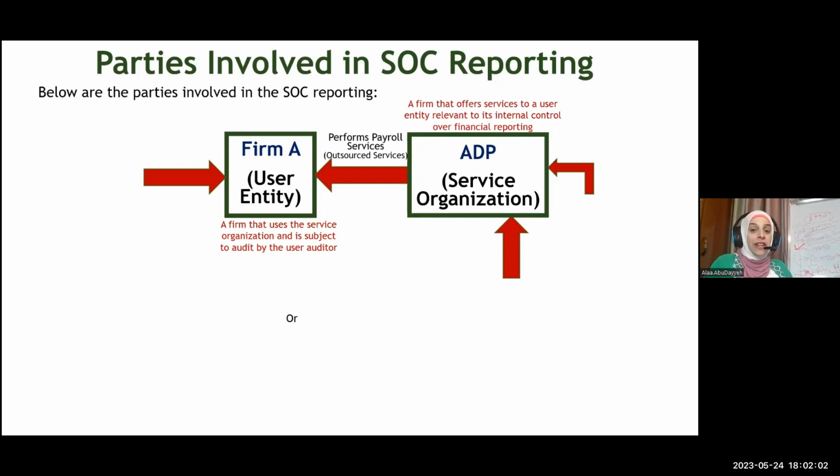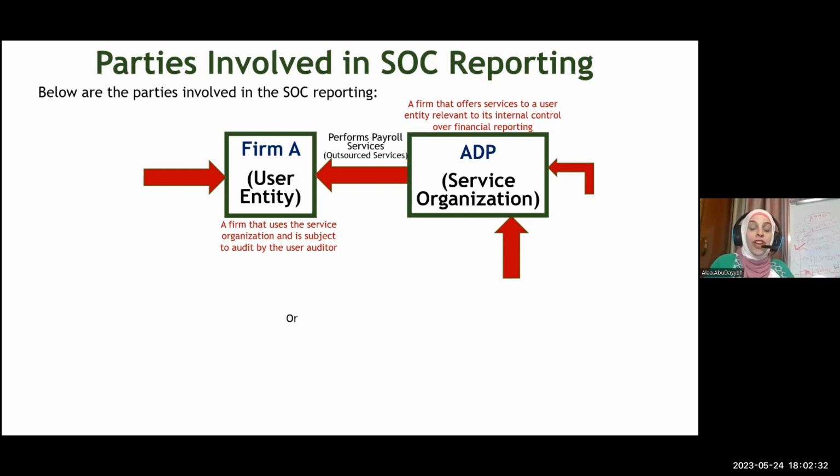The service organization here, which is ADP, is the firm that offers services to a user entity relevant to its internal control over financial reporting. So ADP here is working on the payroll of firm A. Any mistake that ADP makes in the payroll will cause a problem in the financial reports of firm A, right?